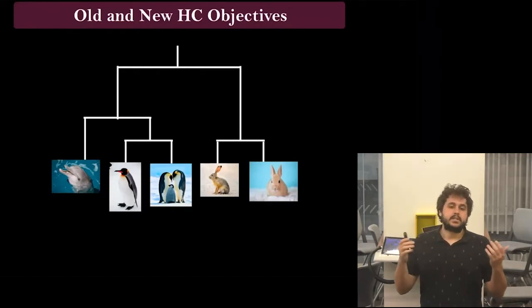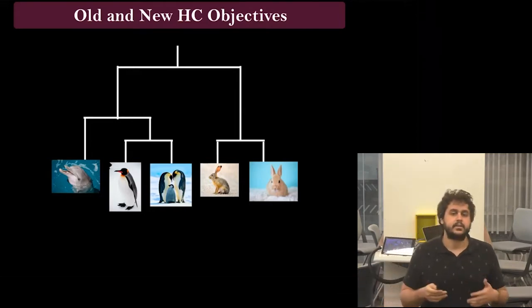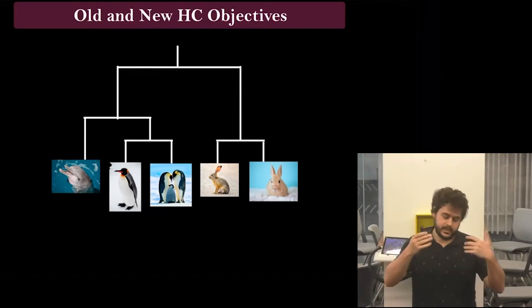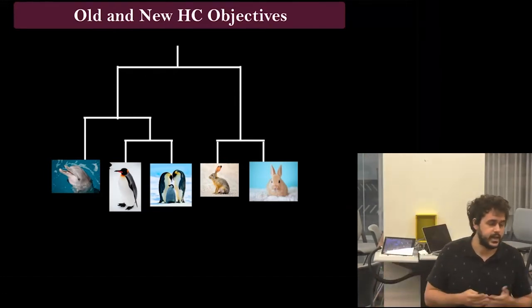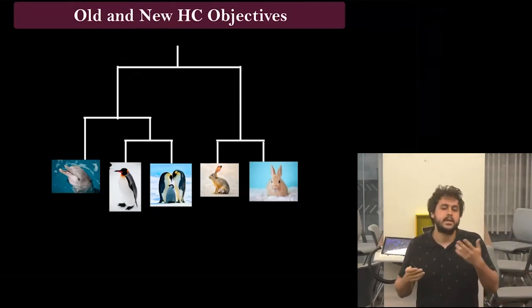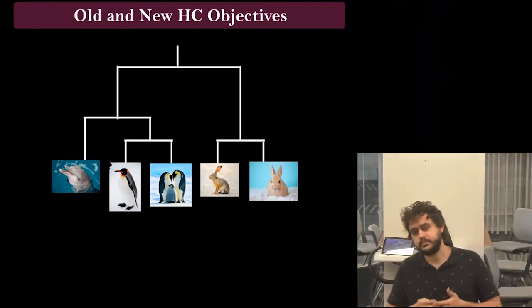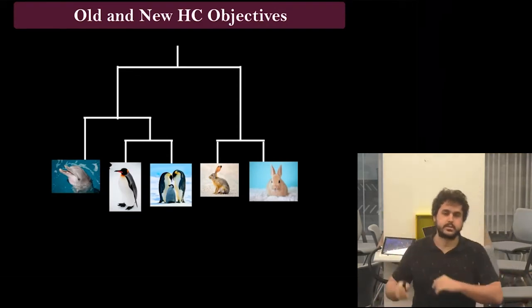So for simplicity, let's assume we have this example of a hierarchical clustering of 5 data points. I picked this image so that you can easily understand if this is the correct hierarchy or the wrong hierarchy. In this case, let's assume that we care about how animals relate to each other. So we have the 2 rabbits on one side of the tree.